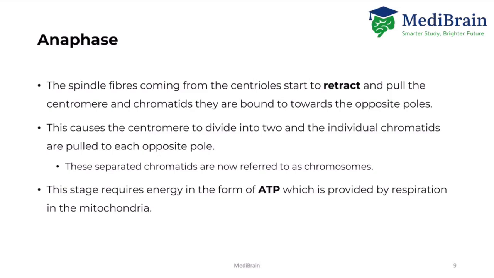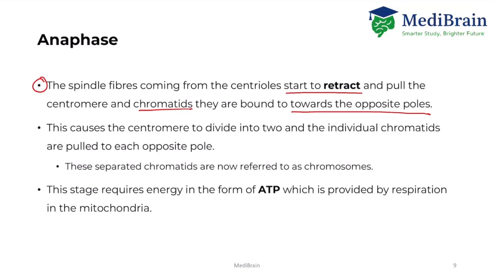So this first point is really important. This causes the centromere to divide into two, and the individual chromatids are pulled to each opposite pole.